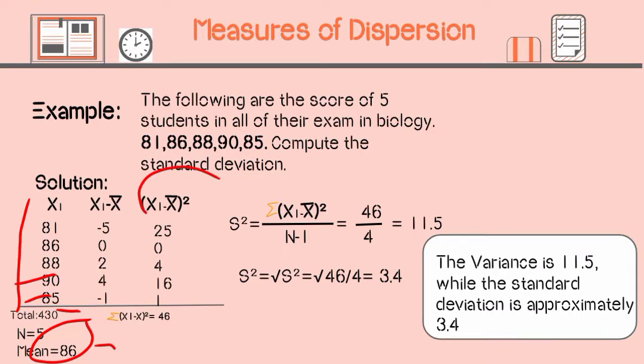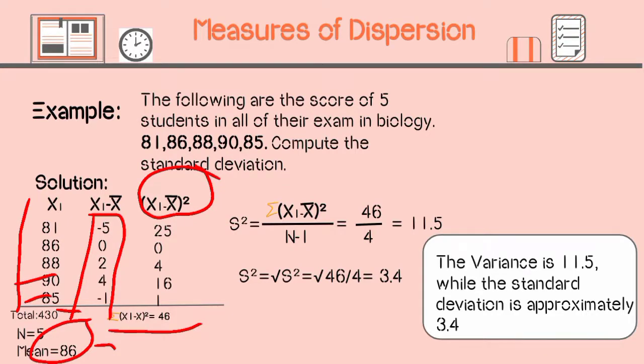Then we're going to get the square of these. Negative 5 squared is 25. 0 squared is 0. 2 squared is 4. 4 squared is 16. Negative 1 squared is 1. So therefore, the sum is 46.